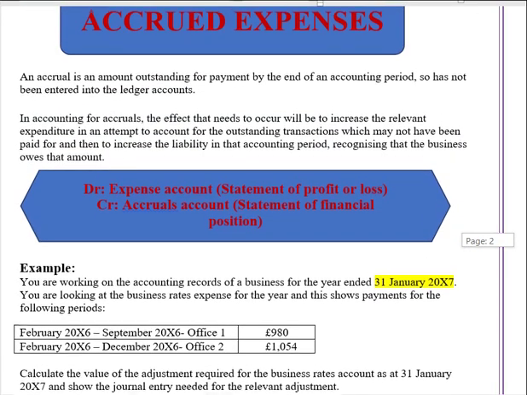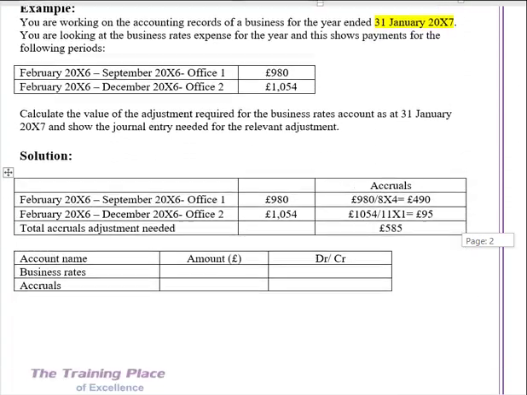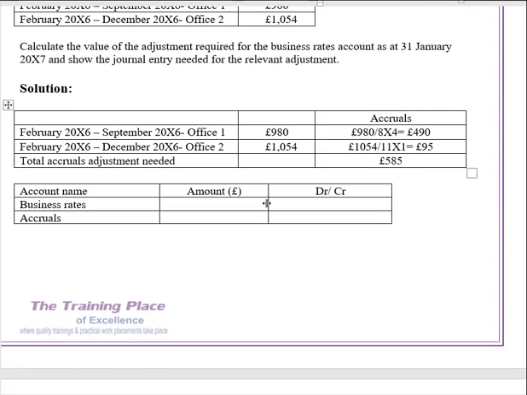You know your expense has to be debited and the accruals account has to be credited with the relevant amount of £585. So we debit business rates, we credit accruals.